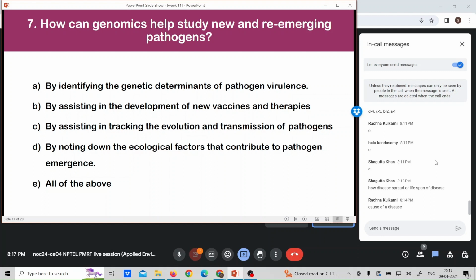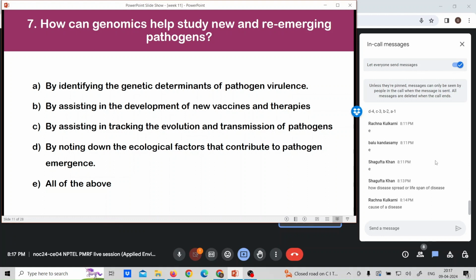So that genetic determinants we can study, and it assists in the development of new vaccines and therapies. With genomics, we can develop new vaccines. As we all know, vaccines are attenuated or inactive, so we have to know what inactive part of the microorganism can act as a vaccine. Genomic study helps in this, and in therapeutic purposes also.